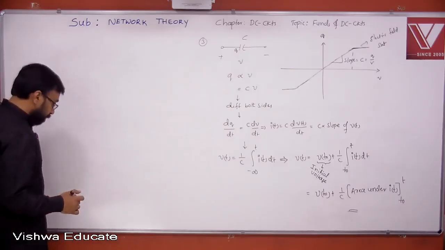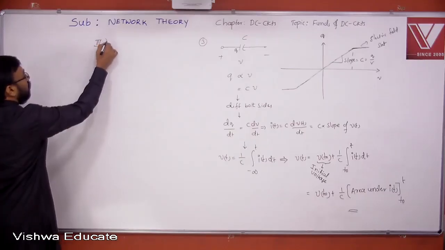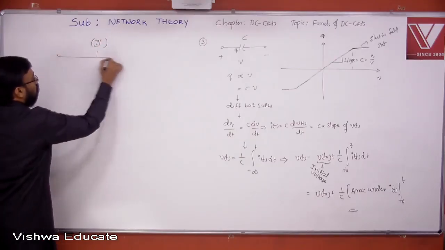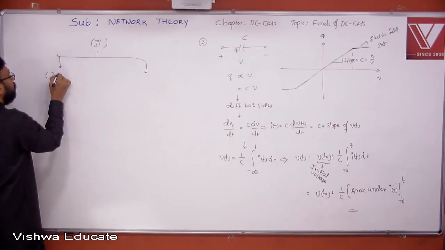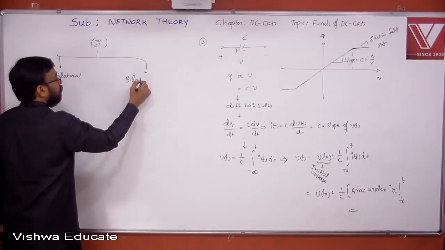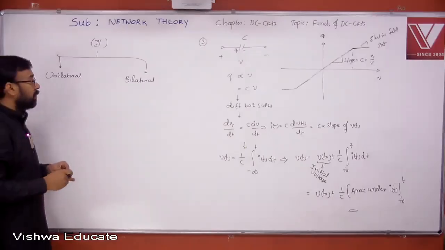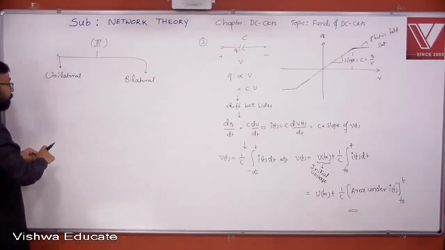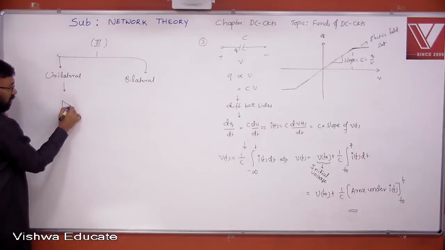Hope you have written. Third classification, unilateral and bilateral. Unilateral element and bilateral element. Okay? What is a unilateral element? Example, diode.